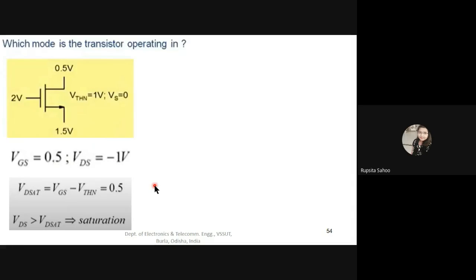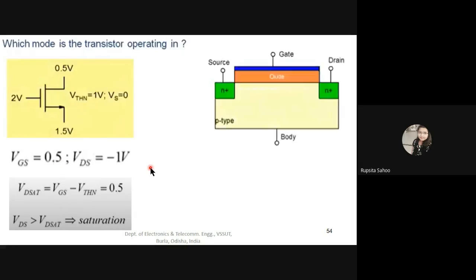Sir, V threshold is 1 volt, no? Yeah, threshold is 1 volt. Sir, VGS is less than VT. VDSat is VGS minus VT. What is VGS? VGS is 0.5 volt, or 1.5? Sir, 0.5 VGS.